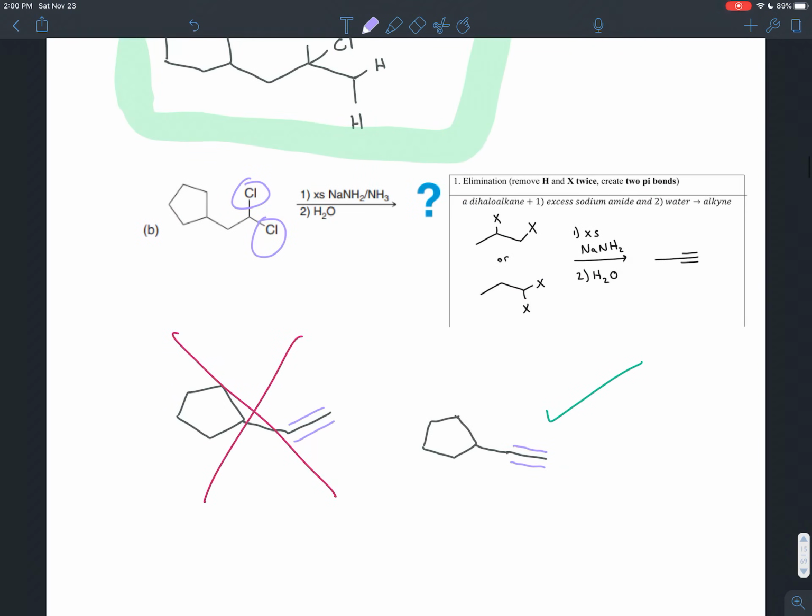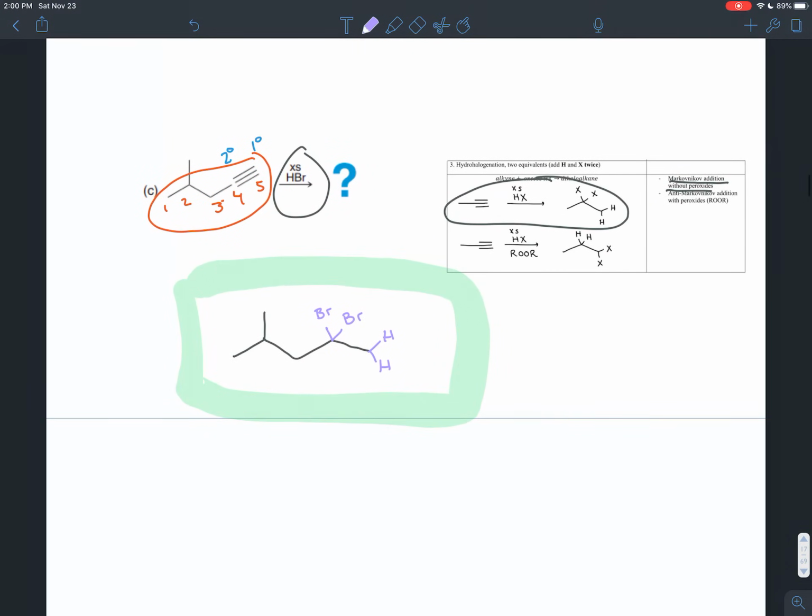In elimination, we are taking a molecule that has 2 halogens on it and taking them off, creating an alkyne. Notice what we're doing in this other reaction is taking an alkyne and creating a molecule that has 2 halogens on it. And so these are sort of the reverse of each other.